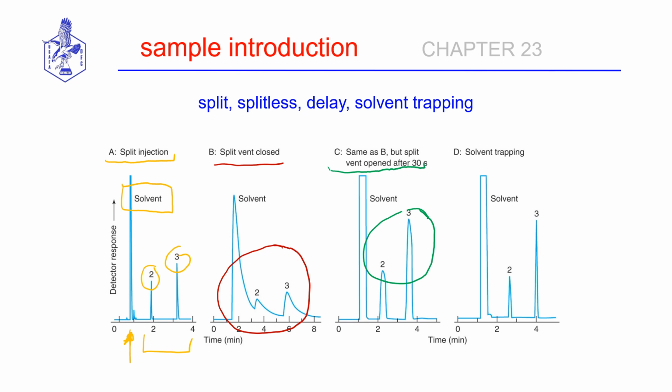And another option is solvent trapping, in which, as the name implies, we're going to condense the solvent at the head of the column by temperature control and then allow our components to come through at a later time.